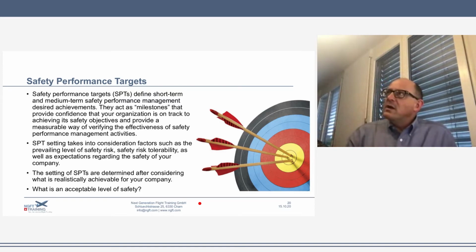That's a target. The question is, when you achieve that, does it really measure safety? You have reached 30 safety reports per year. Great job, target achieved. But what does it tell you?